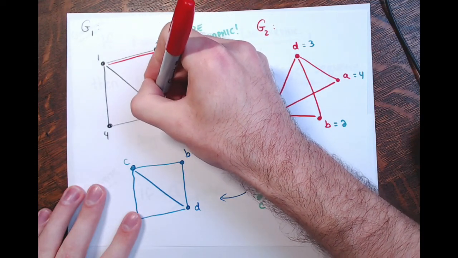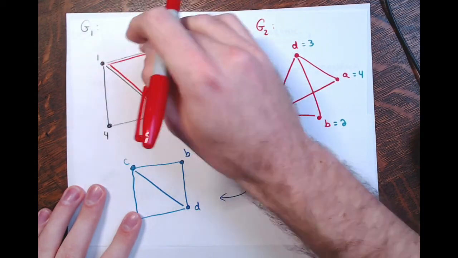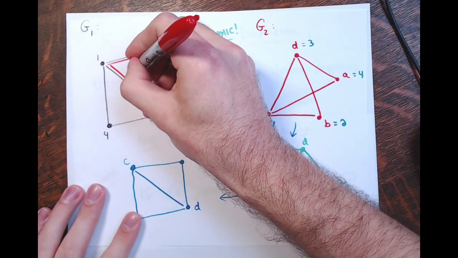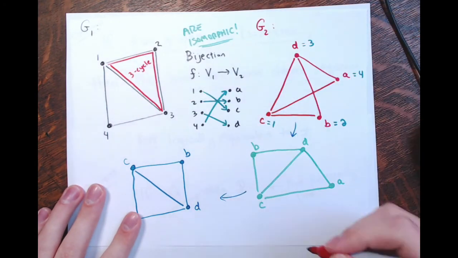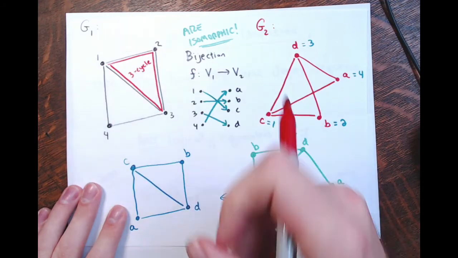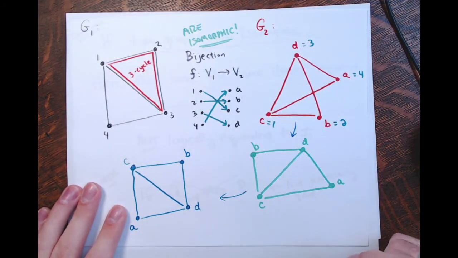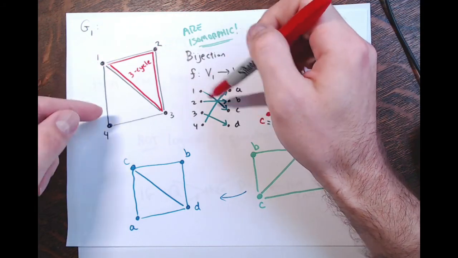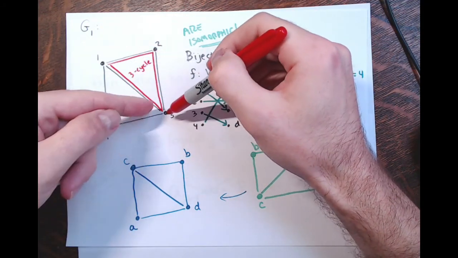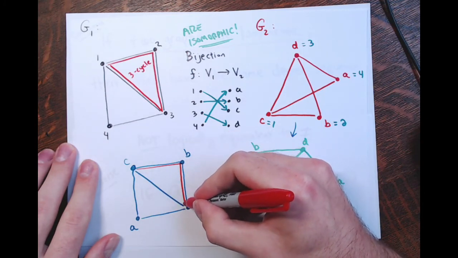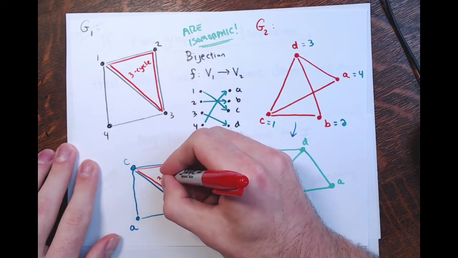When you look at all the edges they correspond to in connection to each other, they form a 3 cycle, right? Or a triangle. A cycle with 3 edges, a closed curve forming a shape. If you look at the corresponding vertices, right, 1 corresponds to C, 2 to B, 3 to D, and then their corresponding edges, they form another 3 cycle.